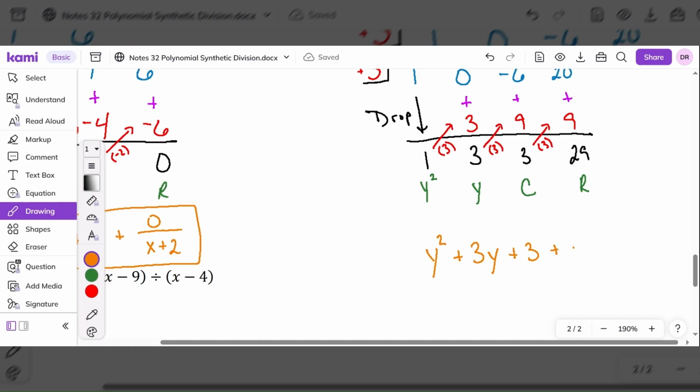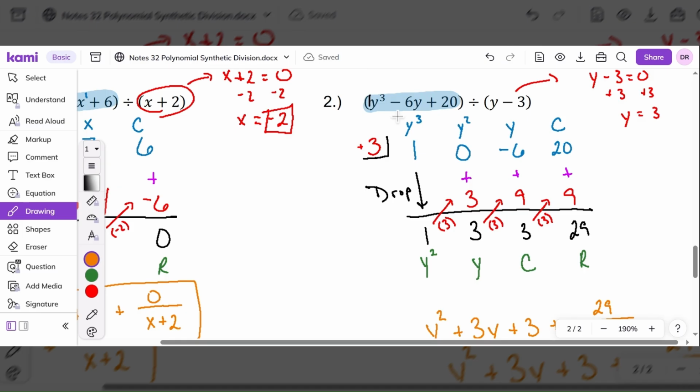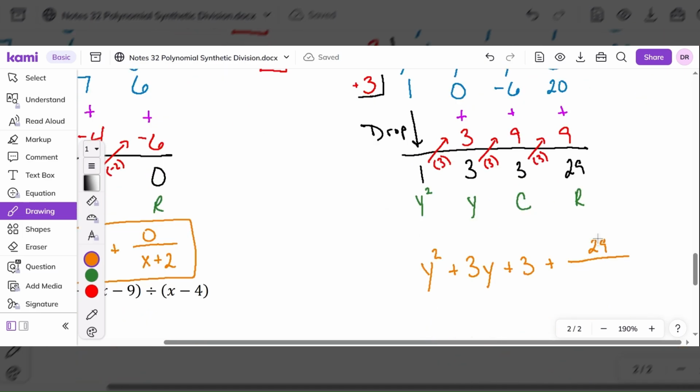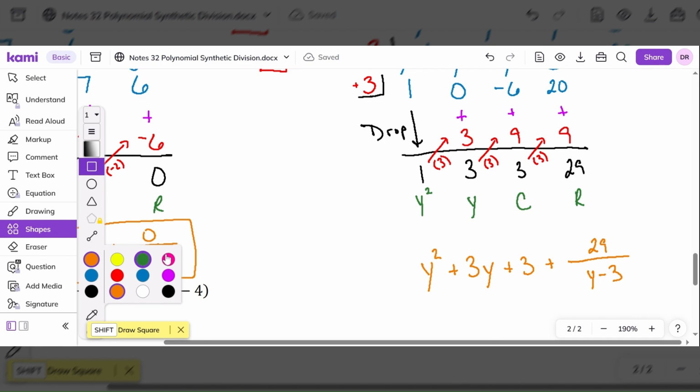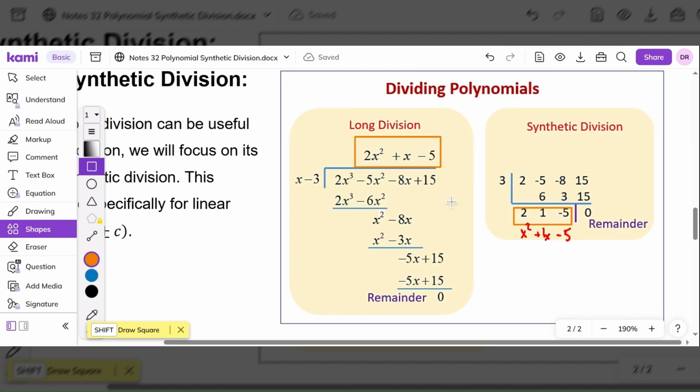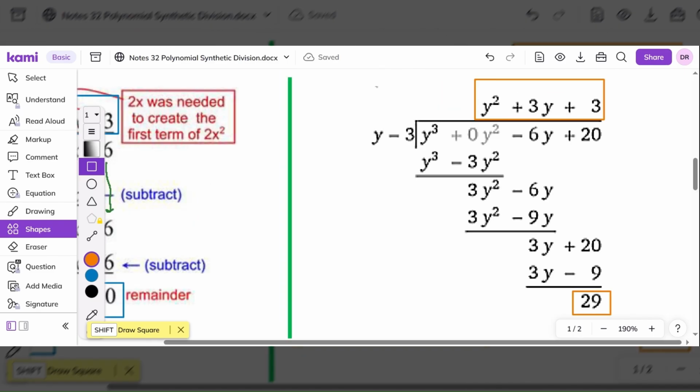So for the remainder, we're going to put 29 divided by, remember what we were dividing by, not the number in the magic box, but up here, y minus 3 is what we were dividing by. That'll go last. And again, I know it looks funny, but that is the same result we got on the front page. y squared plus 3y plus 3 with a remainder of 29.